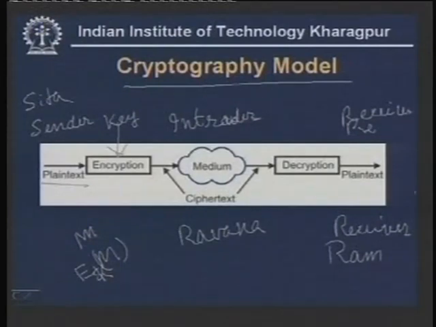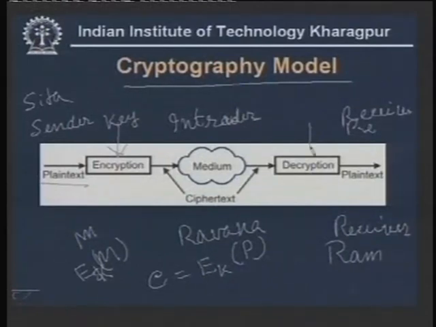The key is used to generate a modified message, C is equal to encryption by key K of the plain text P. So, a plain text P, which is the message, is encrypted to produce a modified message which is known as cipher text. The cipher text is transmitted through the media which reaches the other end.